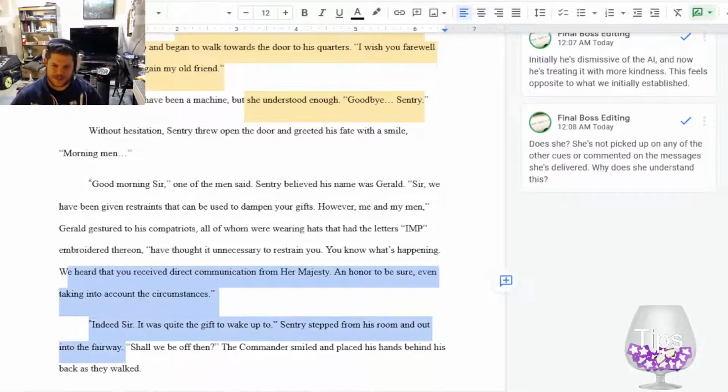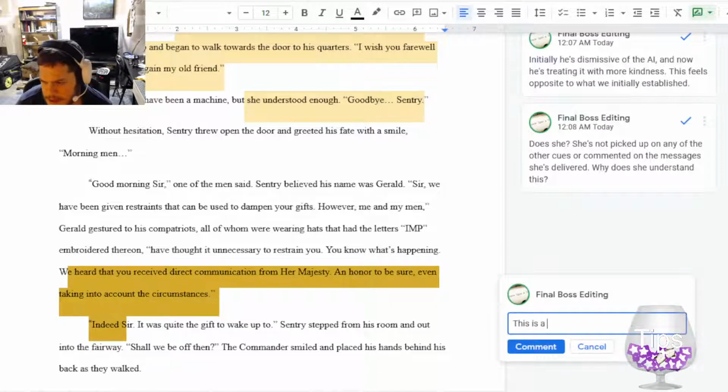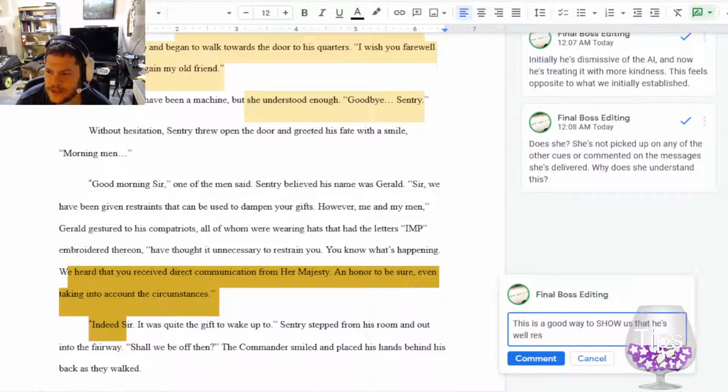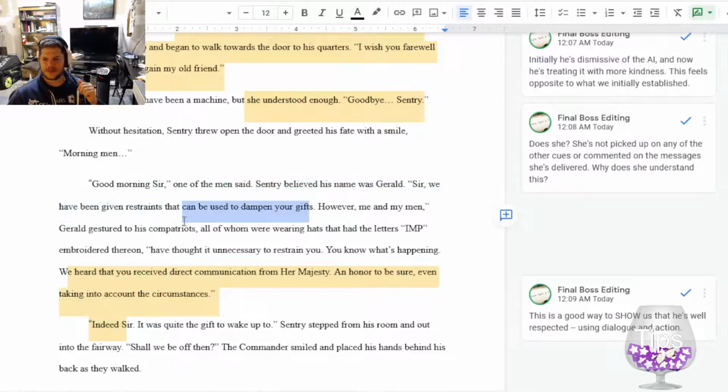This is good. It establishes that he's well respected. This is a good way to show us that he's well respected using dialogue and action. I think some of the dialogue is a little on the nose, like, taking into account the circumstances, but yeah, some of this is a little telling.